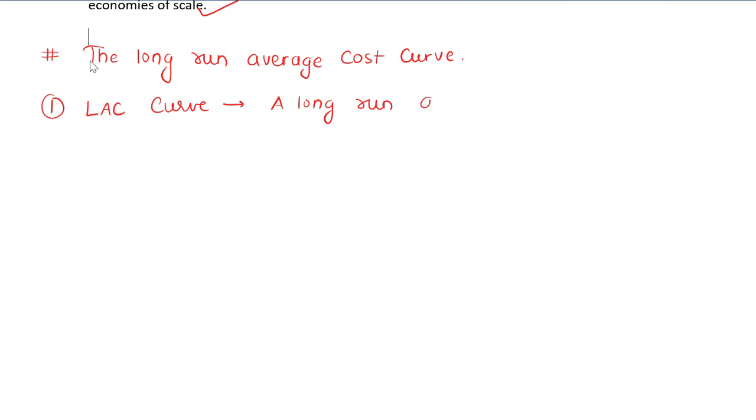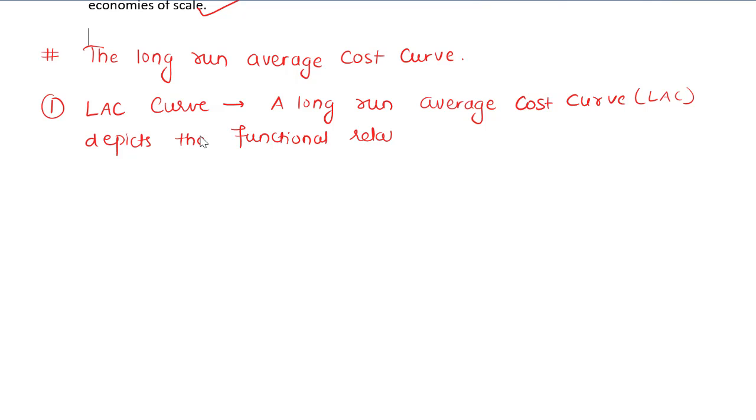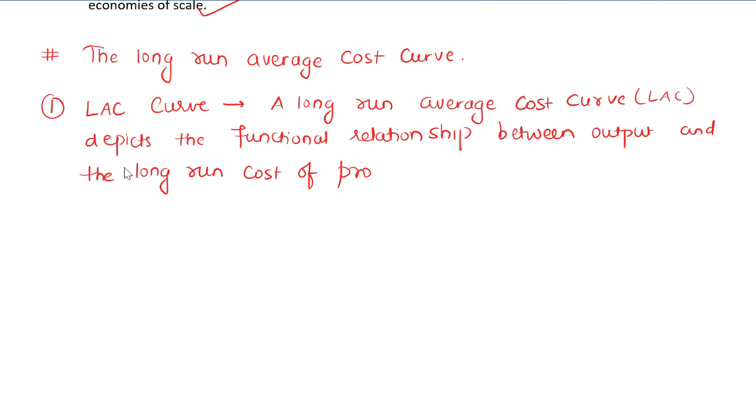A long run average cost curve, that is LAC, depicts the functional relationship between output and the long run cost of production.